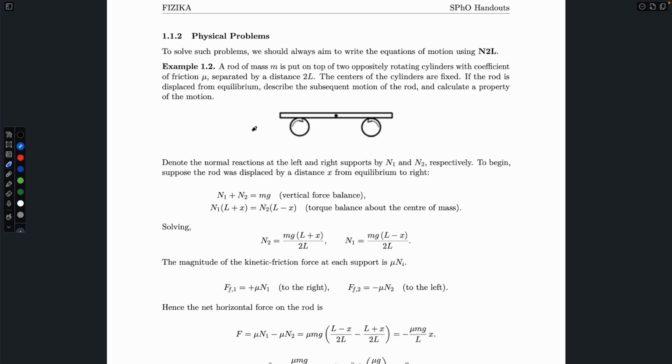In general, to solve such problems, we should always try to write the equations of motion using Newton's second law first. Note that it doesn't have to be F equals ma. You don't have to get it into the form where the acceleration is proportional to the displacement. You can get it into the rotational equivalent also.